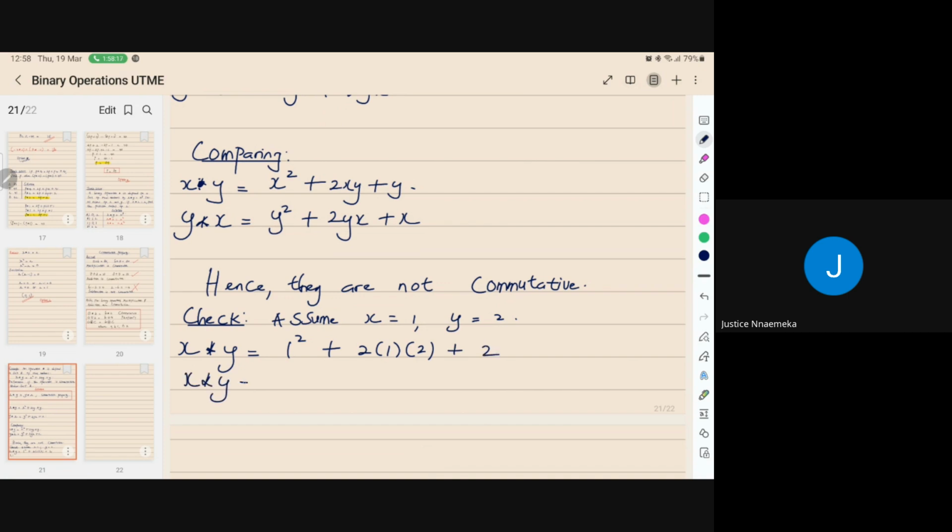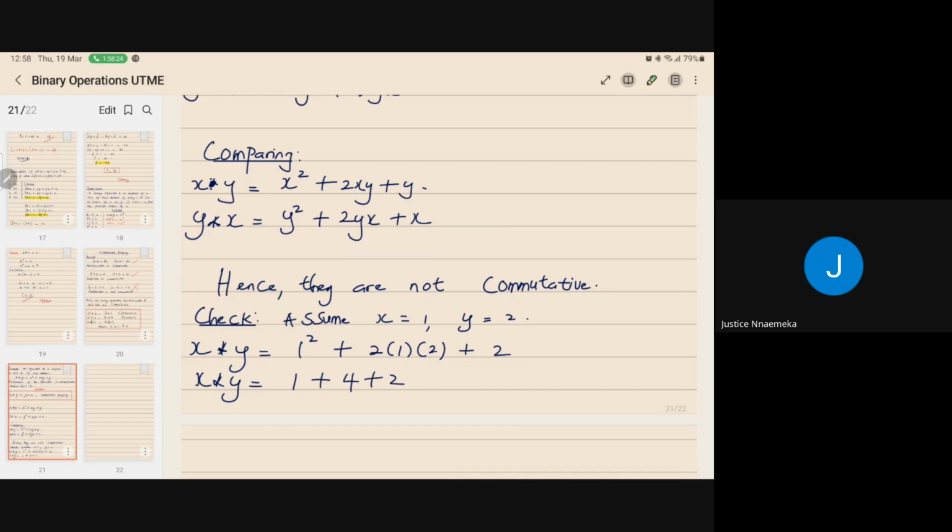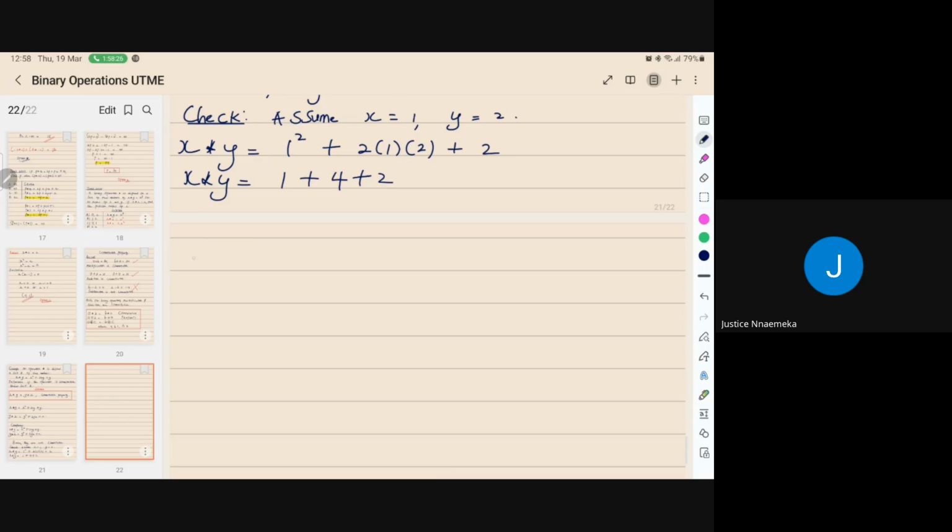That is 1 plus 4 plus 2, so we have that x asterisk y is equal to 5 plus 2. X asterisk y is equal 7.